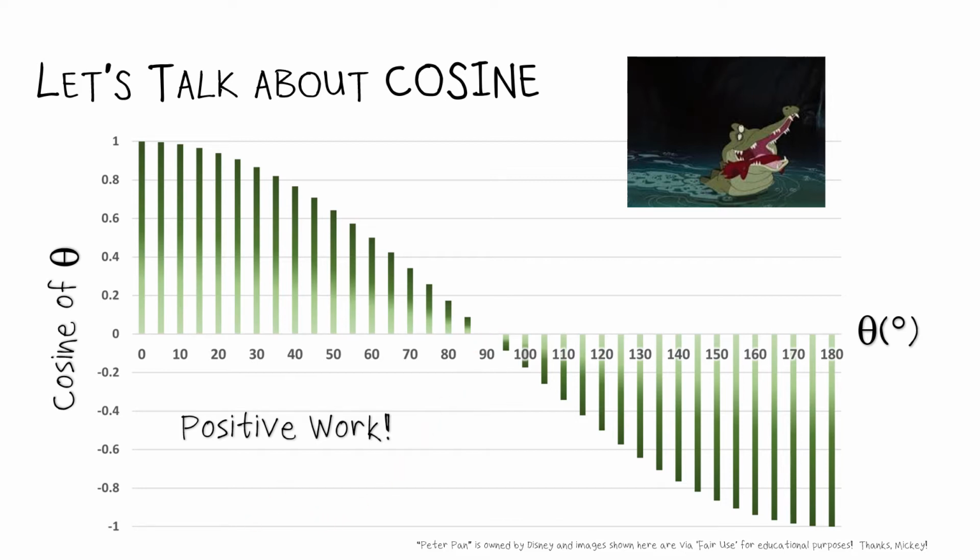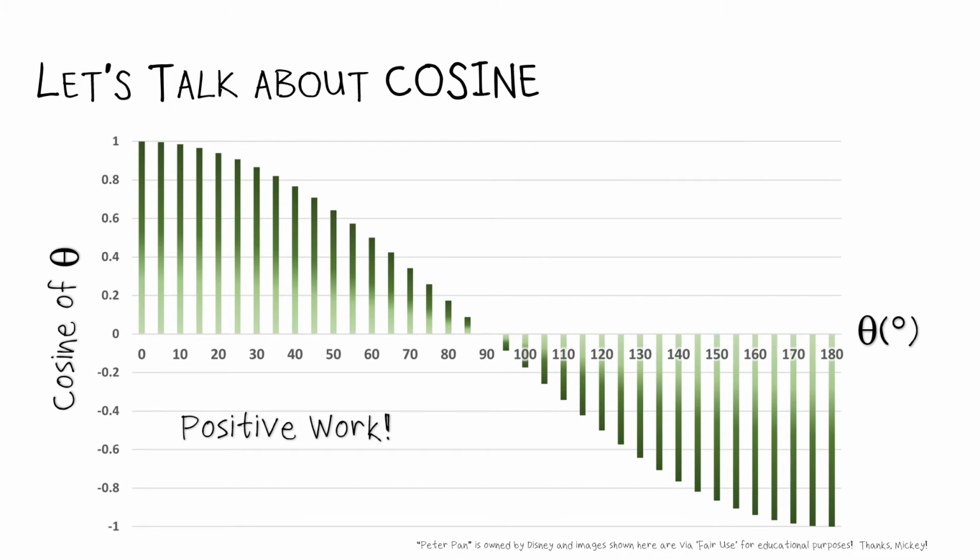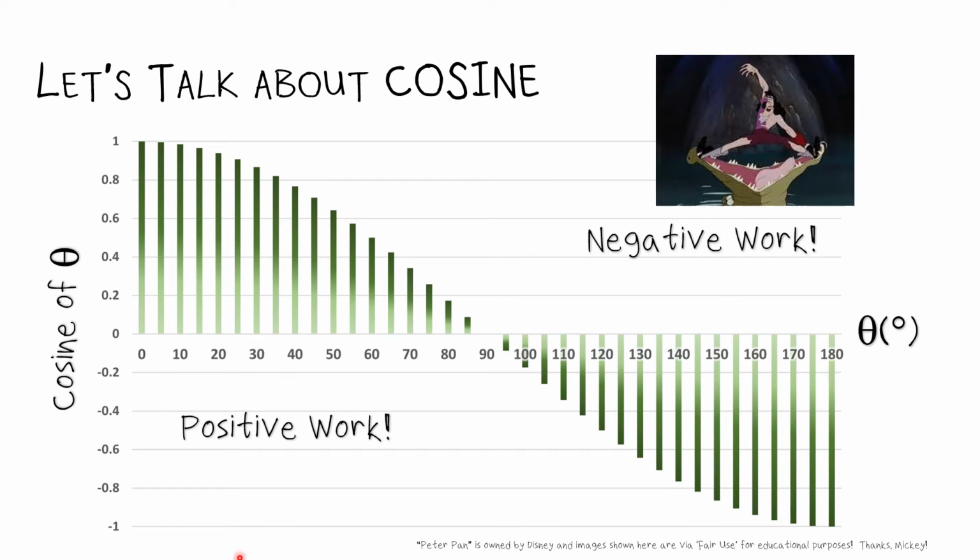And then finally, if the jaws open wider than 90 degrees, say like this, we're going to be in the negative work scenario. And we'll talk more about what positive work and negative work mean in this context. Right now, just focus on the idea that it's going to give us a negative value. So this could be the displacement, this could be the force. It's wider than 90 degrees, maybe this is 120 degrees or something.